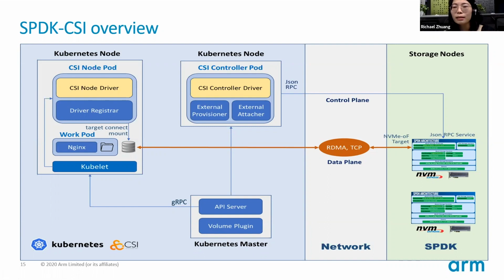The CSI controller driver talks to the SPDK JSON RPC service through the controller network, and the CSI node driver connects to the SPDK NVMe-over-fabrics target through the high-speed data network like RDMA or TCP.